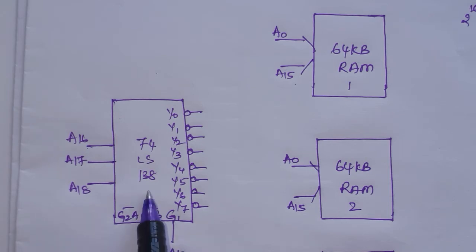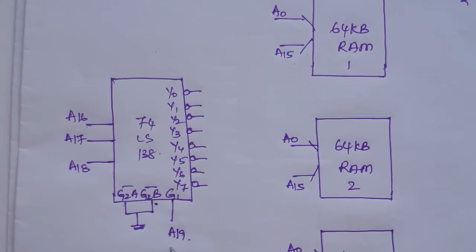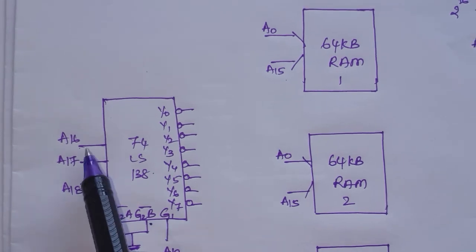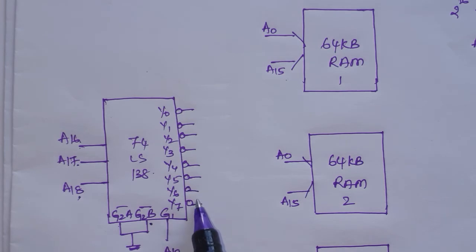For this chip to be selected, A19 must always be equal to 1, and because these two enables must be 0 for the chip to be selected, we can ground these two so they are always low. So this chip will be selected when G1 is high, that is, when the A19 address line is 1. Then depending on A16, A17 and A18, one of the outputs will be low, one of the outputs will be selected.